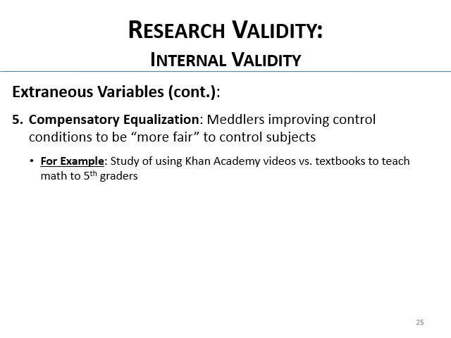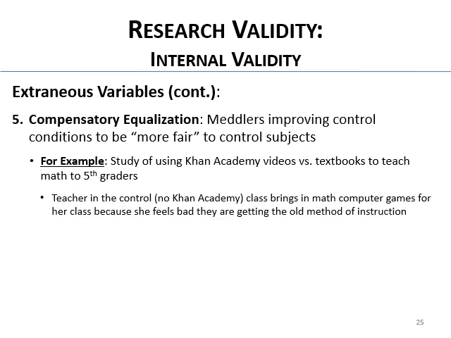So let's say you're looking at a study using Khan Academy videos versus textbooks to teach math to fifth graders. And the teacher in the control group, that is, it's just the textbook, they don't get the Khan Academy videos, they know that, or they hear in the break room that the other class gets to watch these cool videos. They may try to compensate for the fact that the students in their group didn't get the fun thing.